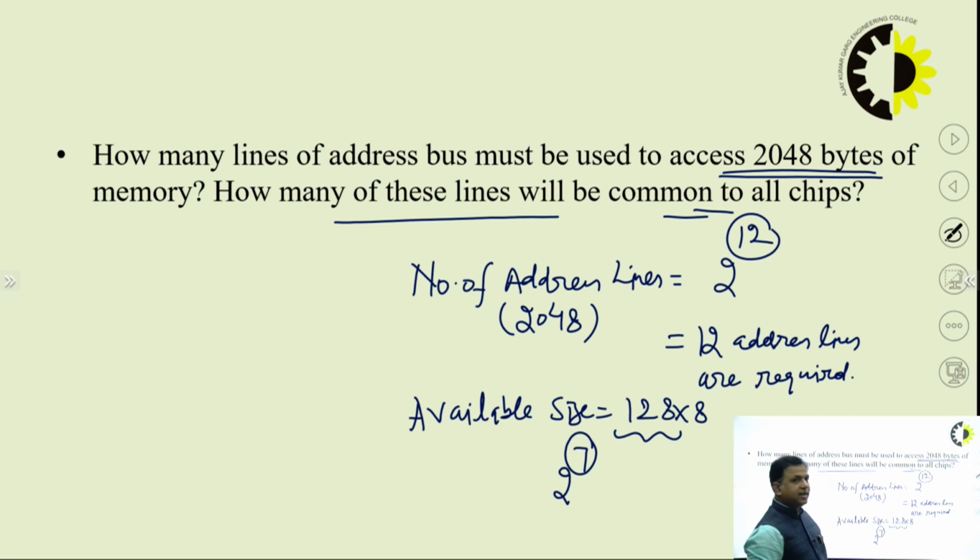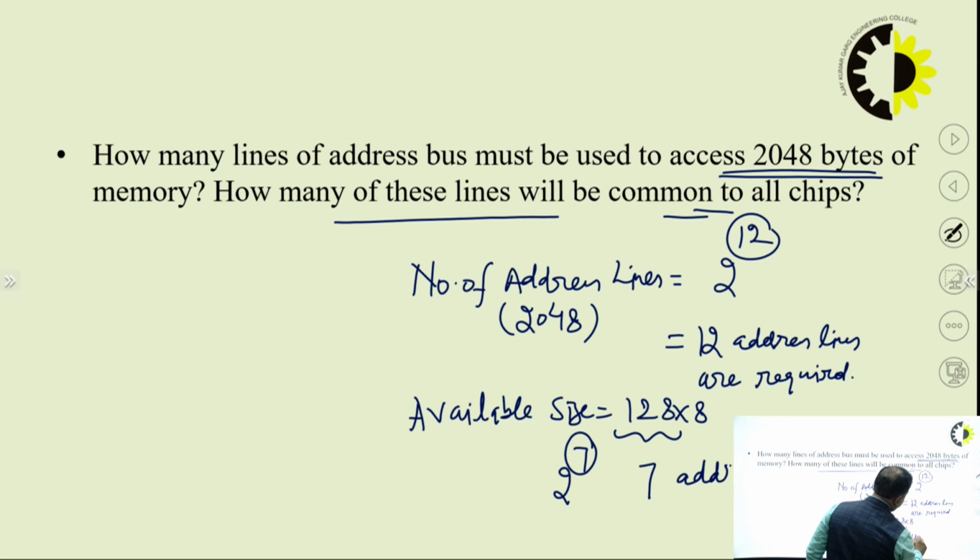So, 7 address lines will be common, right. So, in this way we can compute the total number of address lines. How many address lines will be common? It depends on the available size of the RAM, because each RAM is of 128 into 8. So, each RAM requires 7 bits to address its location.